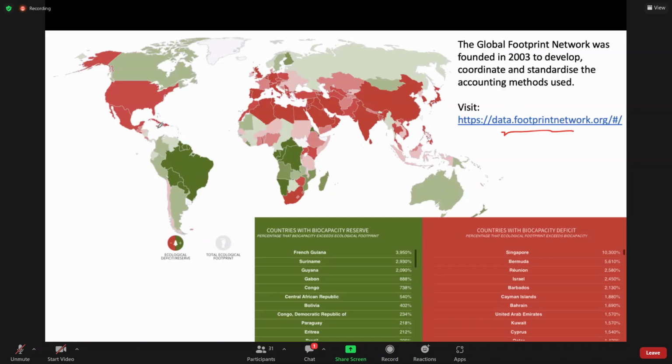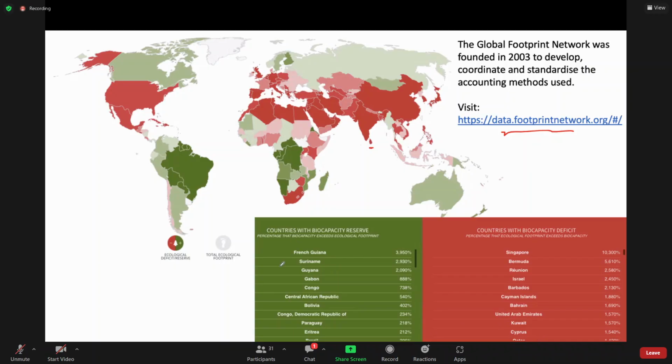You can see many countries in the world, the ones in red, are consuming more than they actually have. Even us, you can see Sri Lanka, we are in red. So we have a biocapacity deficit. The countries with the highest deficits, countries like Singapore, Bahrain, UAE, Kuwait, basically their consumption is more than what is physically available to them.